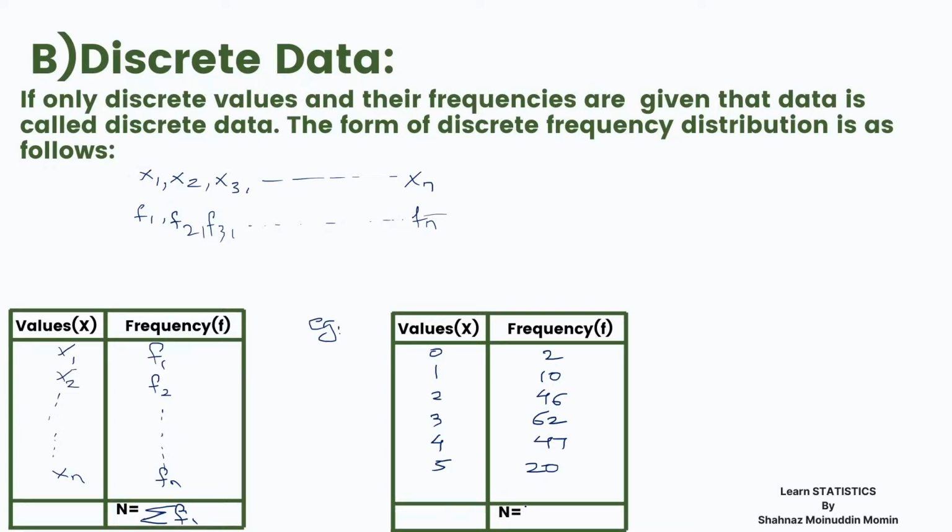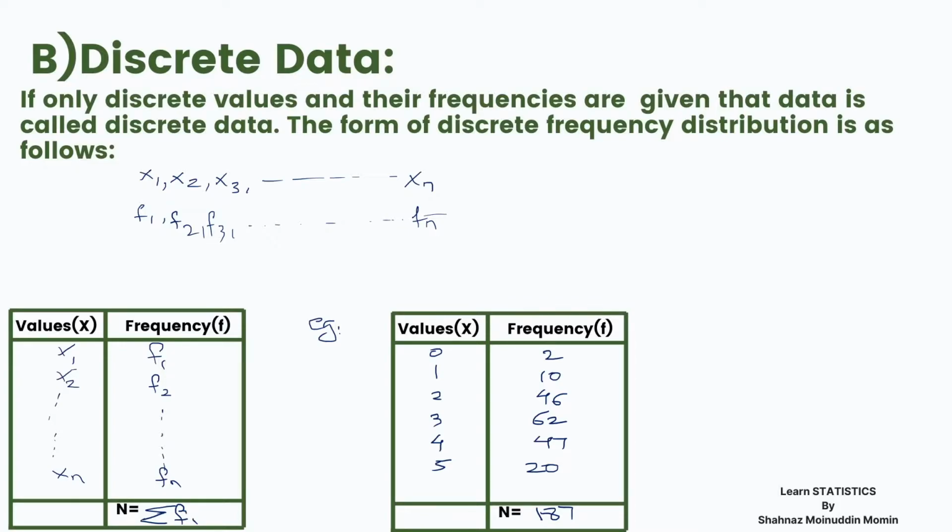This n is the total of all frequencies and it comes out to be 187. In discrete frequency distribution, how many times a particular value is repeated is counted. Hence, the values of x along with their frequency is called a discrete data.